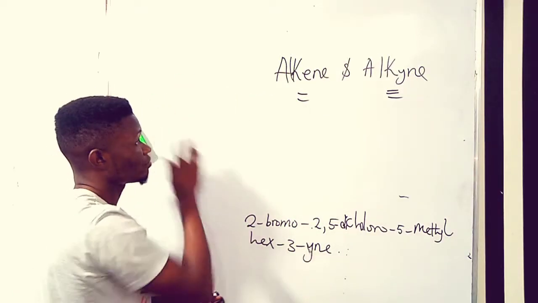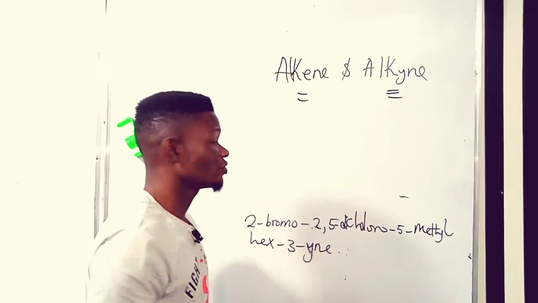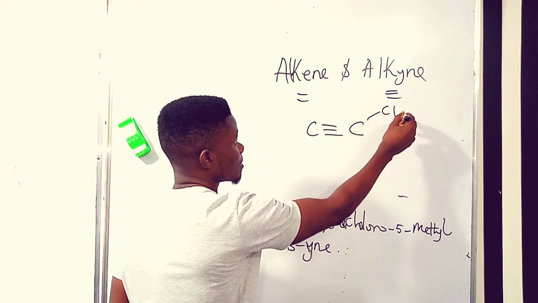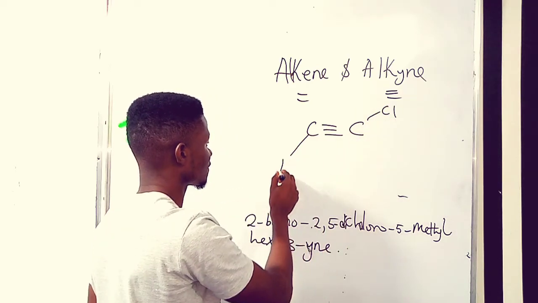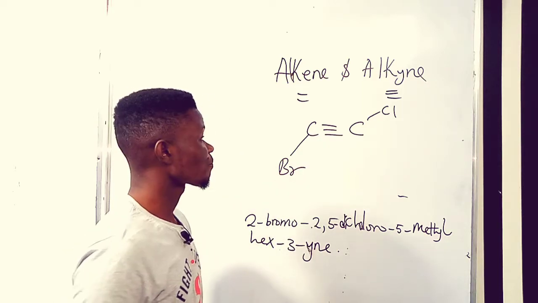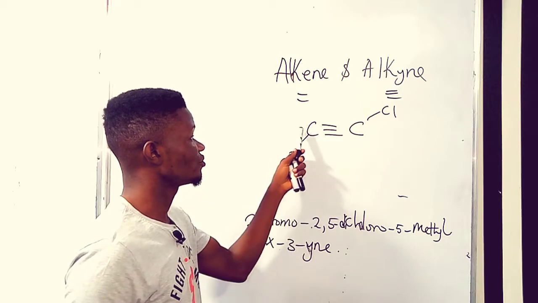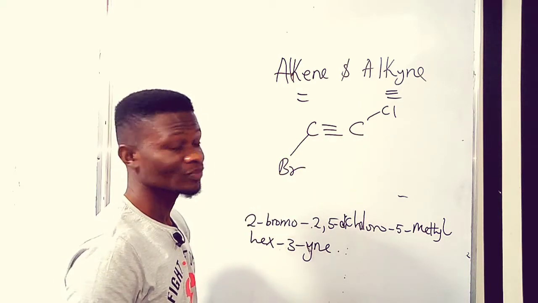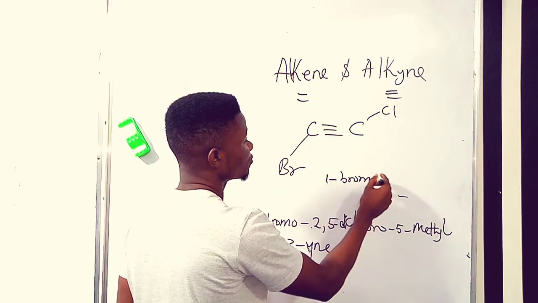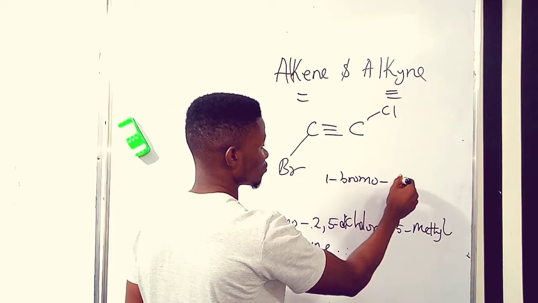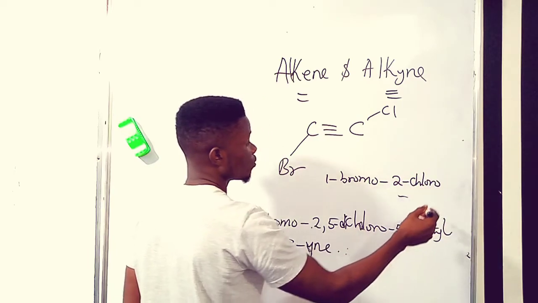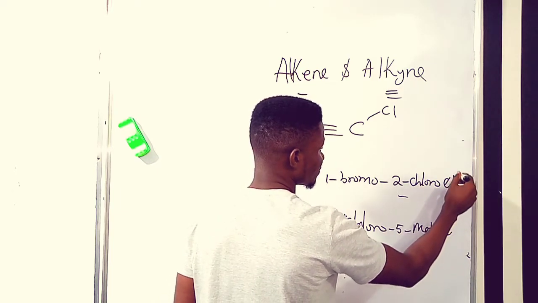All right, let's take another example to end the class for today. Let's take a simple example again. Let's peradventure we have this. How do we name this? If we name from here, this will be what? 1, 2. So this may be 1-bromo, 2-chloroethyne.